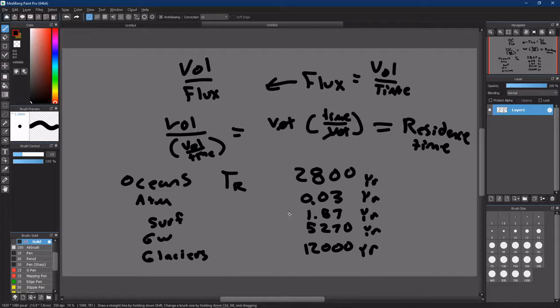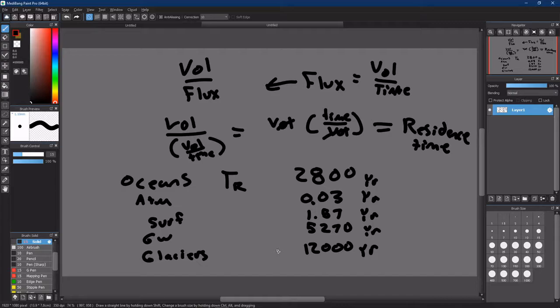Glaciers, on the other hand, have a very long time, our longest one, because of two things. The flux into and out of the glaciers is 2,000 cubic kilometers per year. So a comparable flux to the groundwater, but the reservoir size is immense, almost over double.